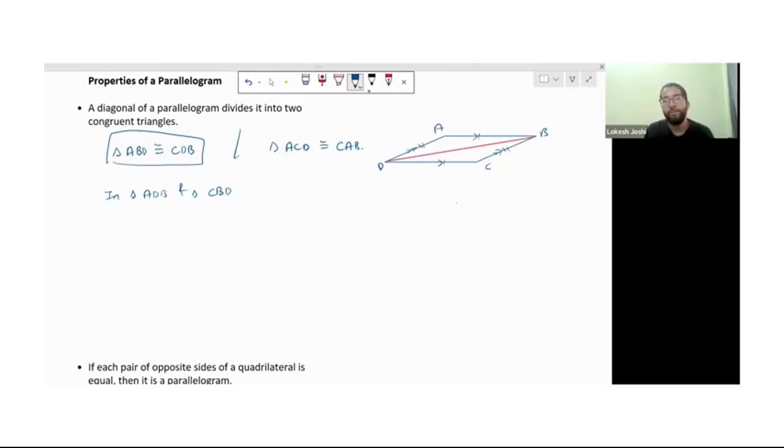According to the properties of a parallelogram, we have side AD is equal to side BC. Why? Because opposite sides of a parallelogram are equal.